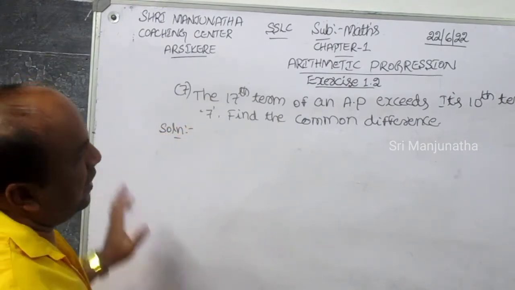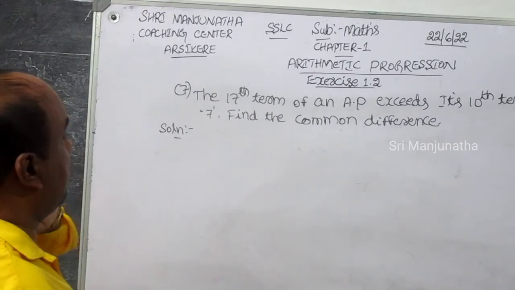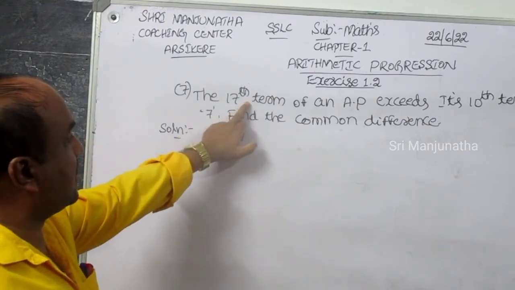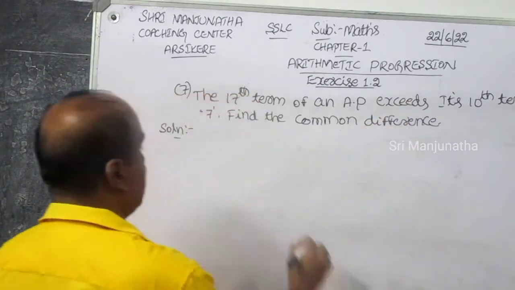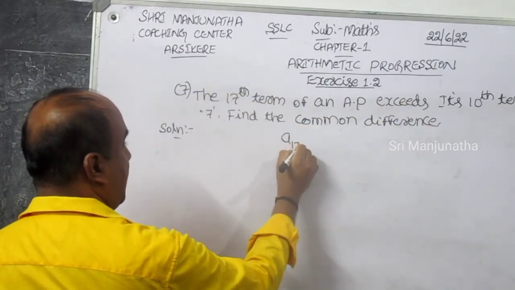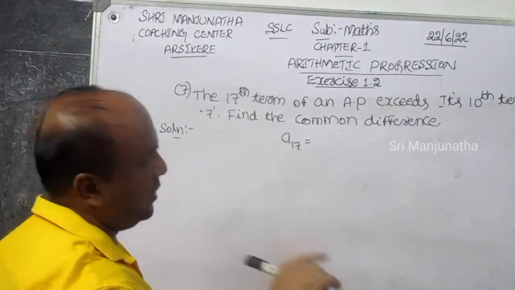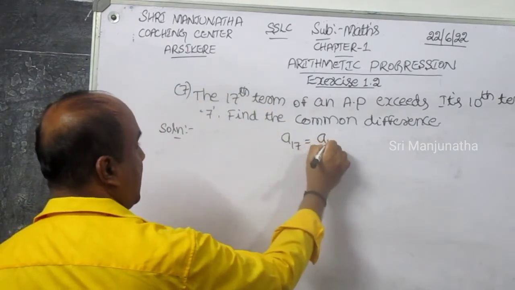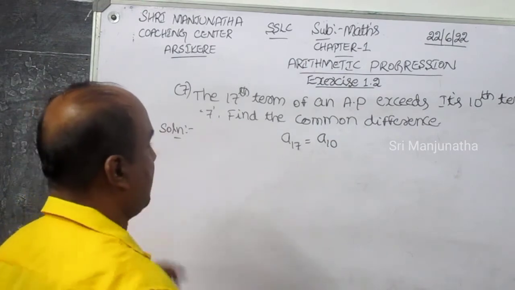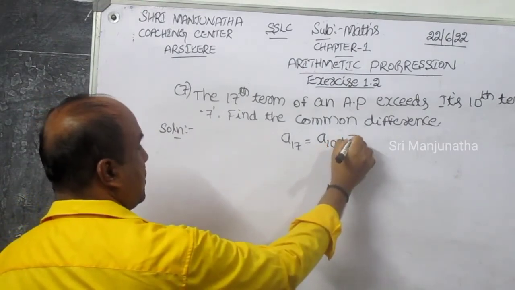Once again, I have to read the problem. The 17th term of an AP exceeds its 10th term by 7 is the statement.